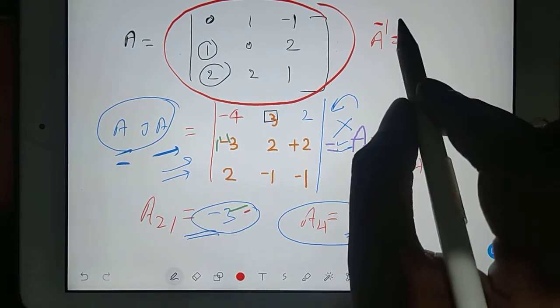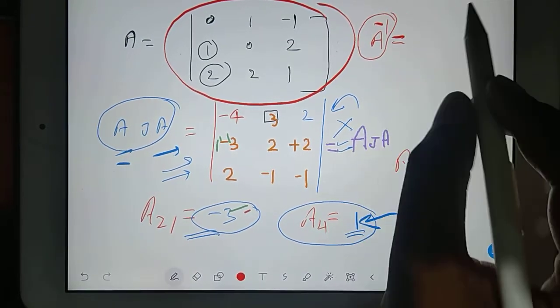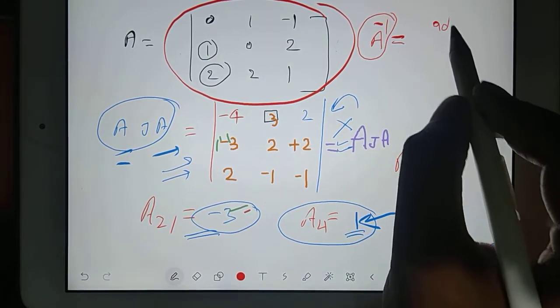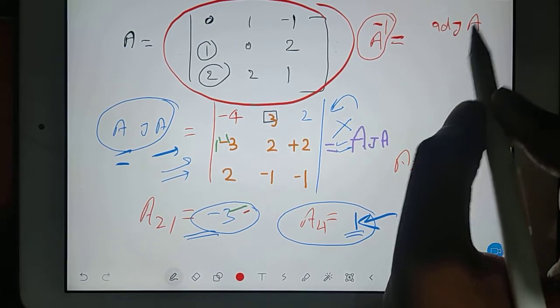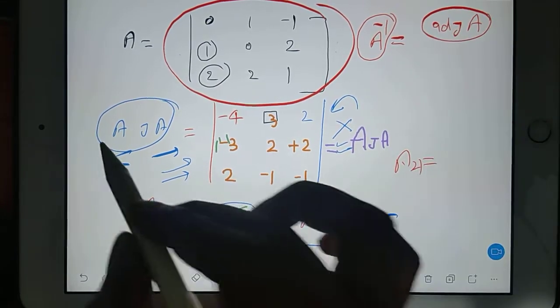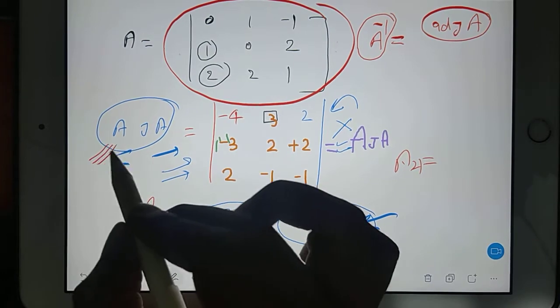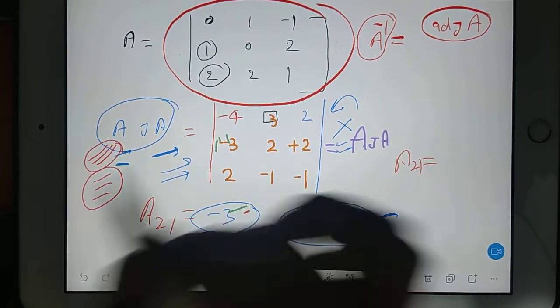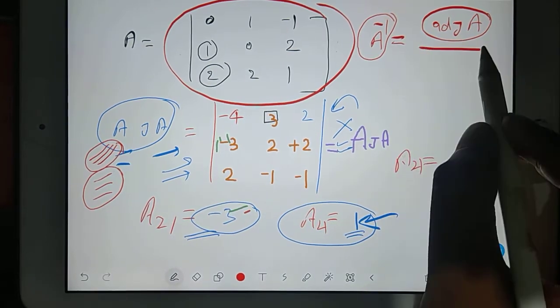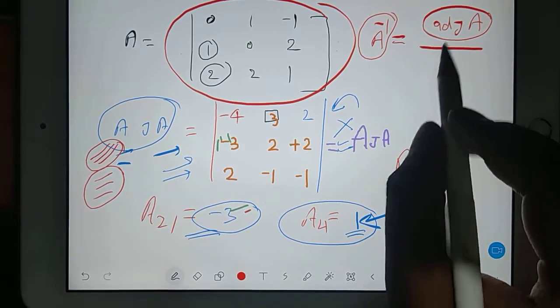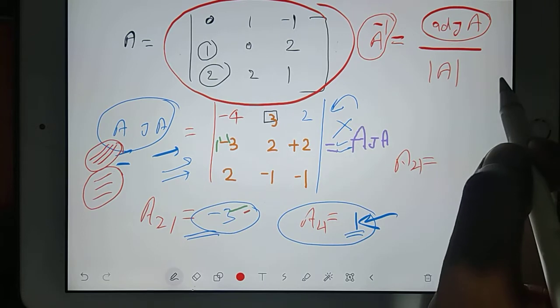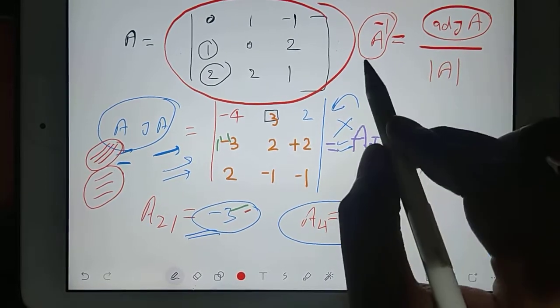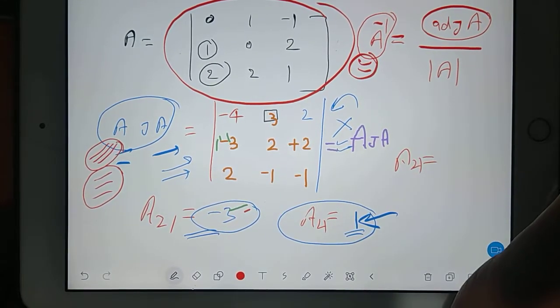First of all, in A inverse also you have two process. You have to find out adjoint A, which itself is a big problem because you have to find out the matrix loaded with cofactors, and then you have to go for transpose. Then only adjoint A answer will come. Then this answer you have to divide by the determinant of the matrix. So you have to find out A inverse.